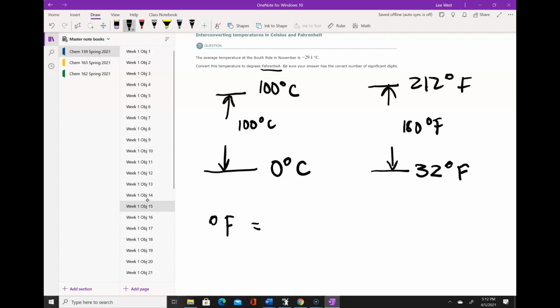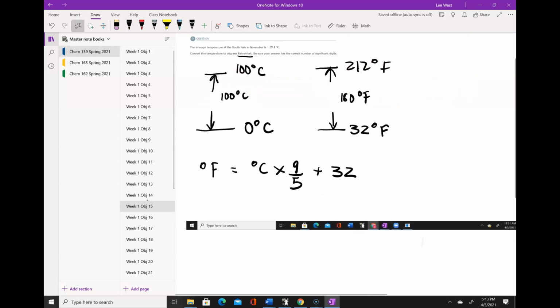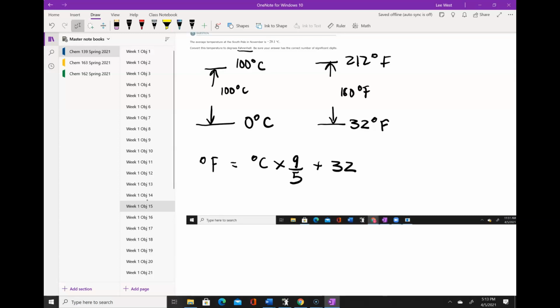So the little formula that we have is degrees Fahrenheit is equal to degrees Celsius times 9 on 5, and that takes into account that we get 180 Fahrenheit units for every 100 Celsius units, and then we have to add 32 to account for the difference in the 0 points. So we have to do two things, right?